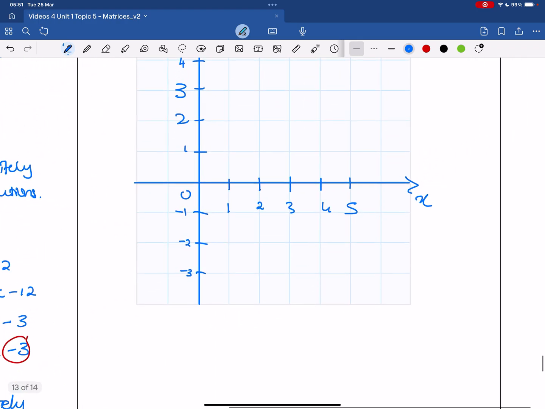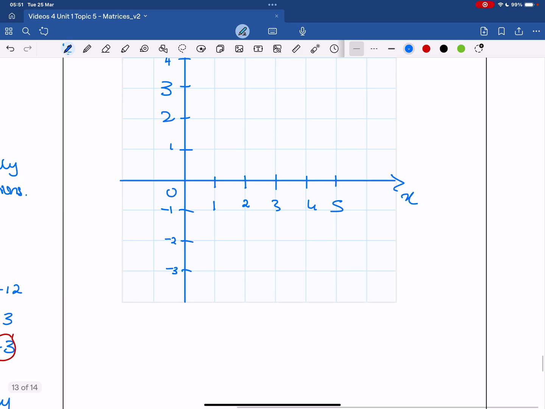All right, let's sketch it, and then we need to talk about what we need to do when there are infinitely many solutions. So I have a y-intercept at negative 3, and my gradient is 3 on 2. So 1, 2, 3, 1, 2. There's my other point.